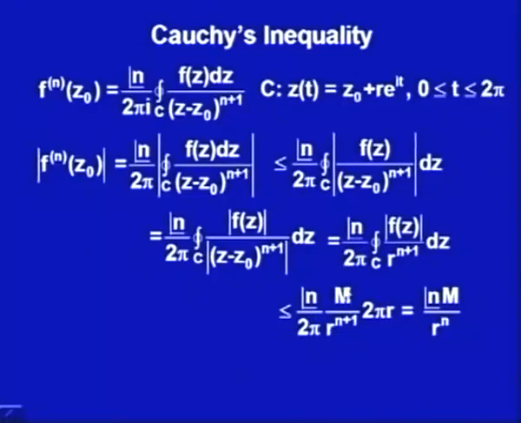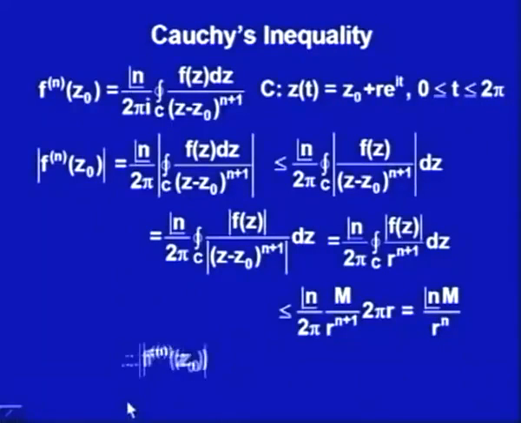This constant is as such, this integral must be less than or equal to M upon r to the power n plus 1 into the length of this path. The length of this path, that is the perimeter of this circle, is 2 pi r. What we are getting is n factorial times M upon r to the power n.